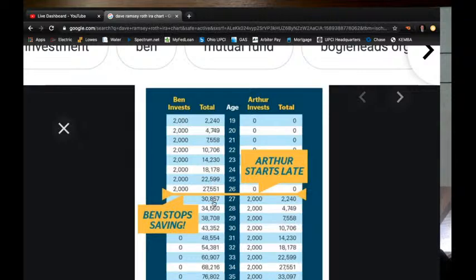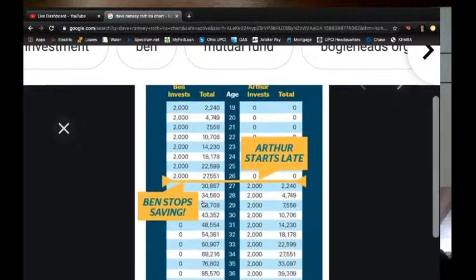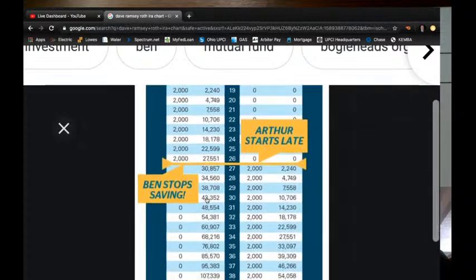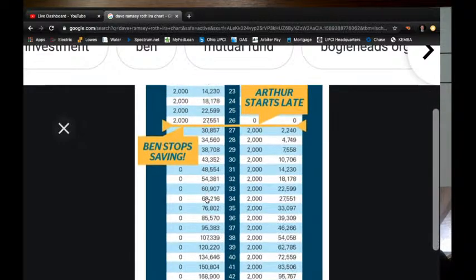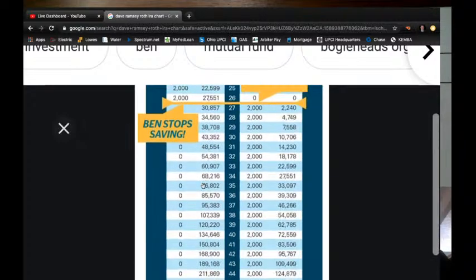If that trend continues, look, his money is making money off of his money. So as I scroll down here, watch how Ben's money grows. Keep in mind he just invested $16,000, but because he did it early, and because we hadn't had a stock market crash, or a coronavirus crash, watch how his money just begins to exponentially grow.